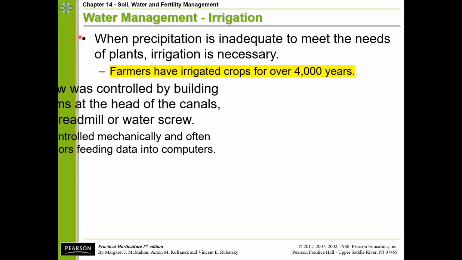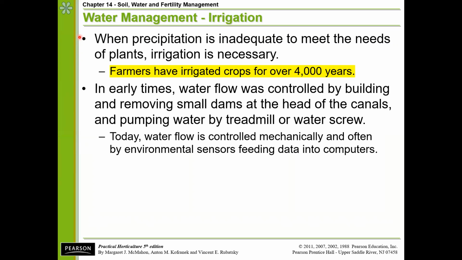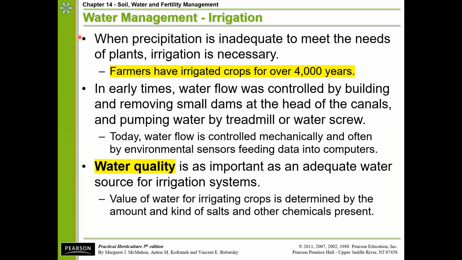So we have been irrigating crops by either controlling natural flow of water, or in many cases also just pumping it from groundwater as well. Whenever we talk about irrigation, water quality is just as important, if not more important, than the quantity of water. So we have to be sure that we're not adding much salt or other foreign chemicals to the soil through adding irrigation water.